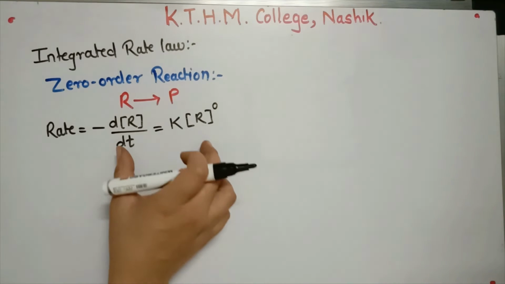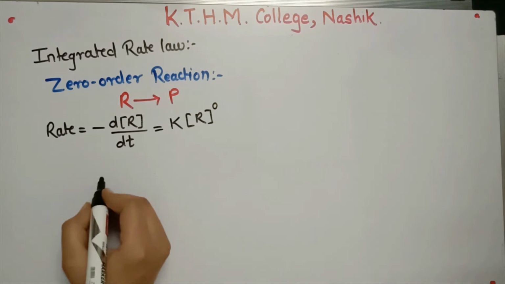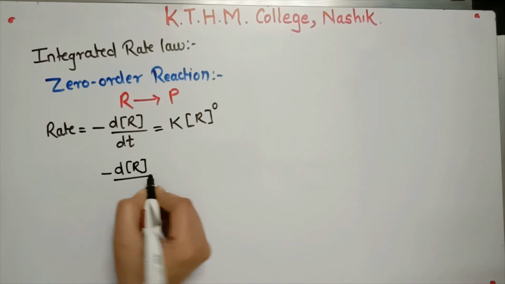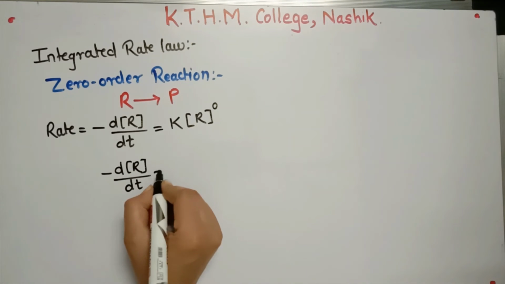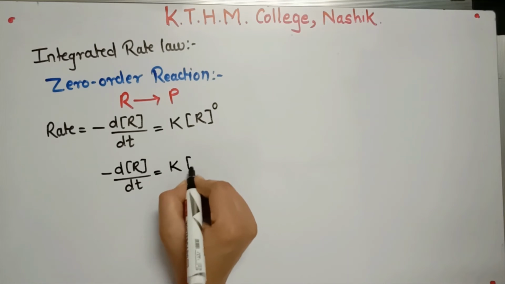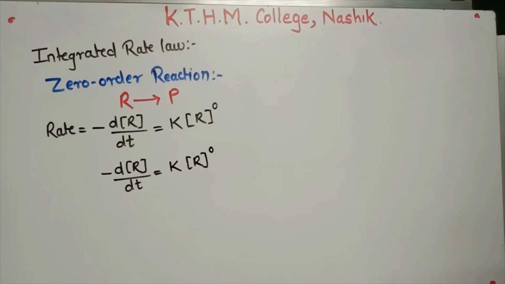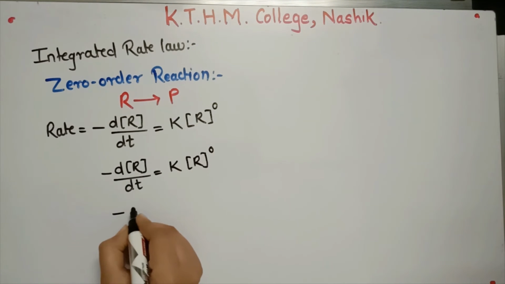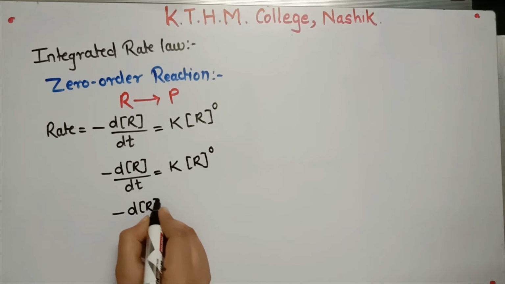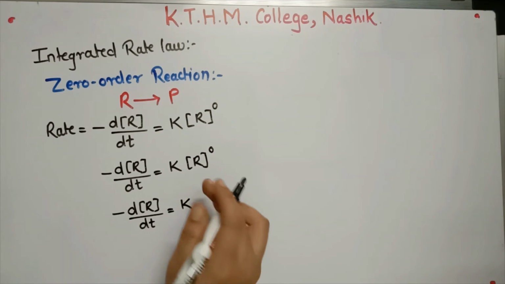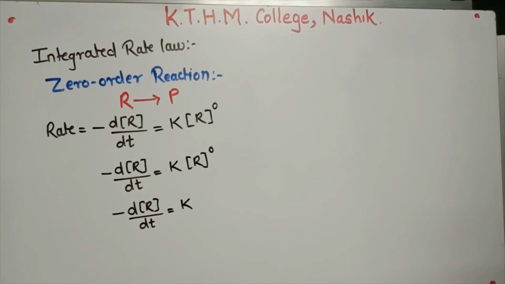Now we will take this both, that is minus change in concentration of R with respect to time is equal to K into R raised to 0. So now we will shift this term. Minus dR upon dt is equal to K, and anything raised to 0 is 1.